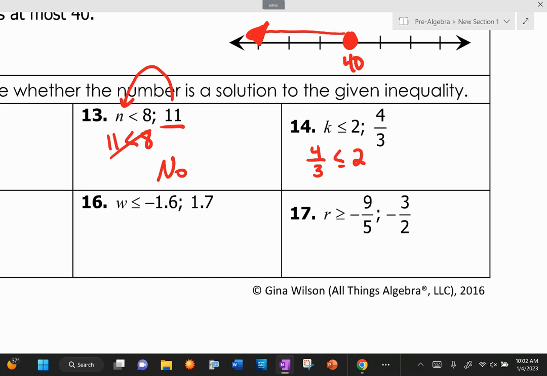It is less than. If it were equal, this would have to be a 6, right? 6/3 equals 2. There's just 4/3, which is just a little bit over 1 and less than 2. So that one is a yes. Do 15, 16, and 17 on your own.